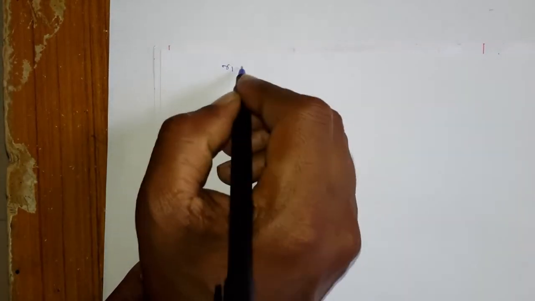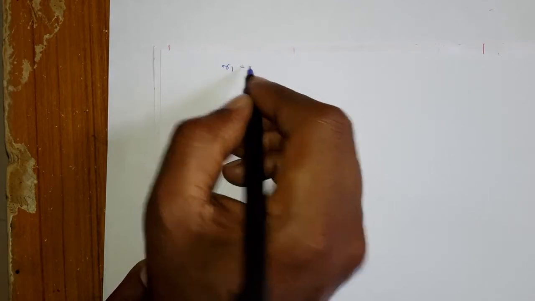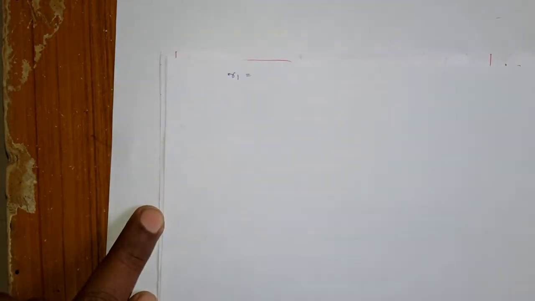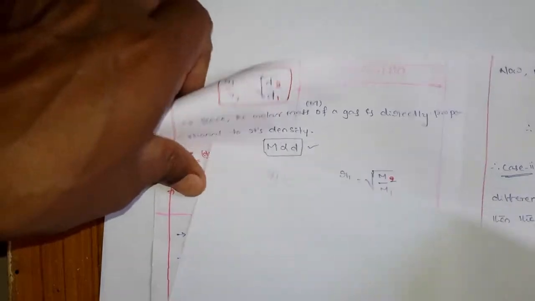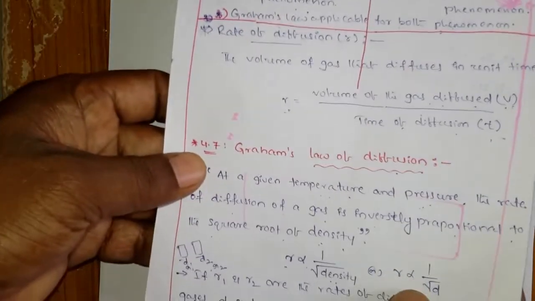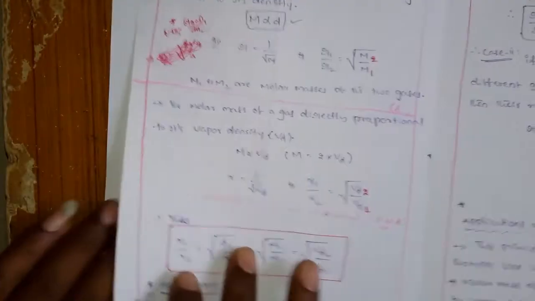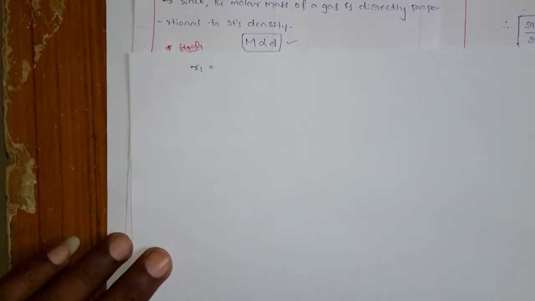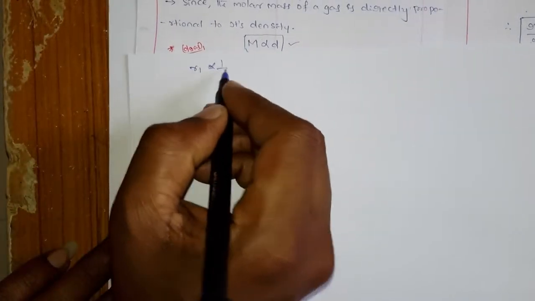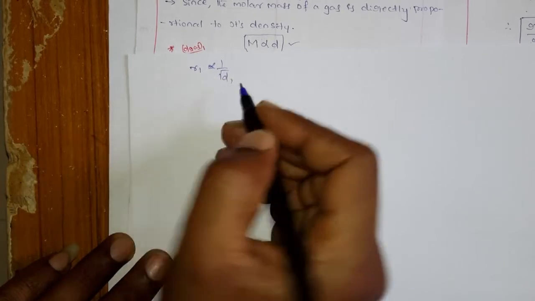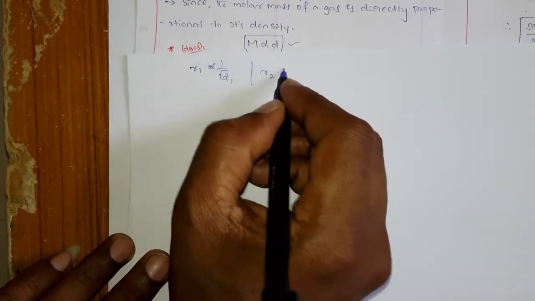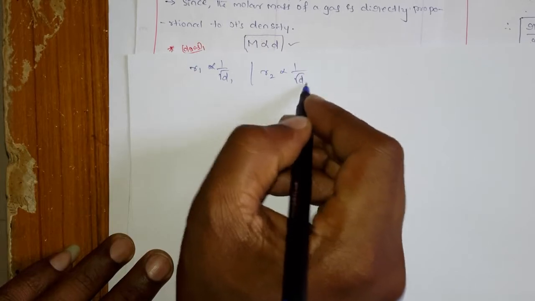How is it? Very simple. You know that R1 is directly proportional to 1 by square root of D. So here I am writing R1 proportional to 1 by square root of D1. Similarly, R2 proportional to 1 by square root of D2.